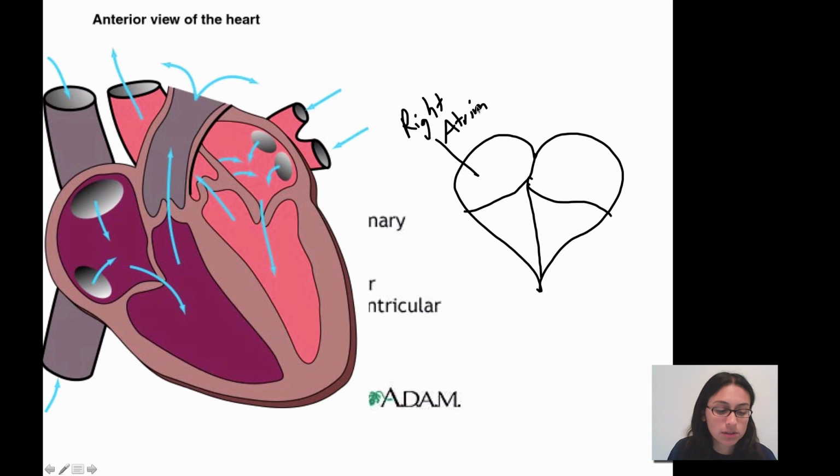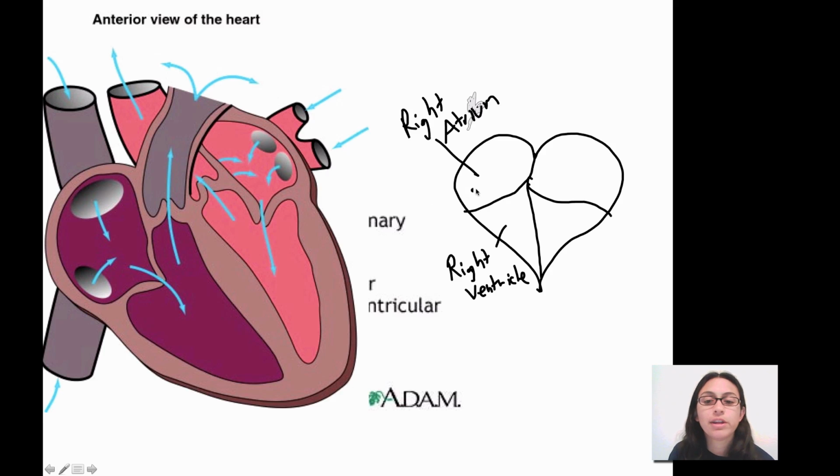Oops, I spelled it wrong. Let me do that again. There you go, so there's the right atrium. And down here is the right ventricle.